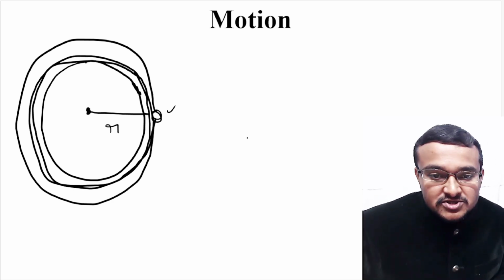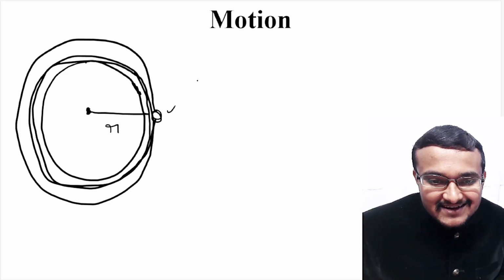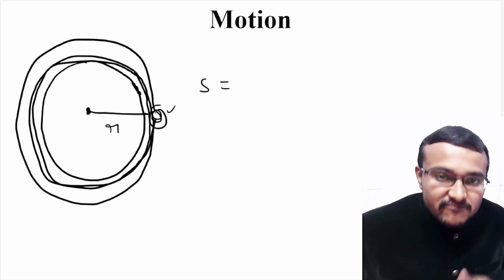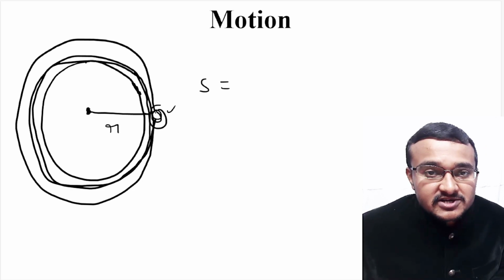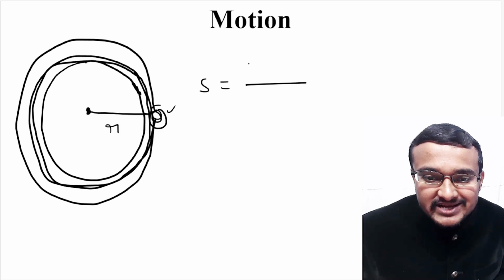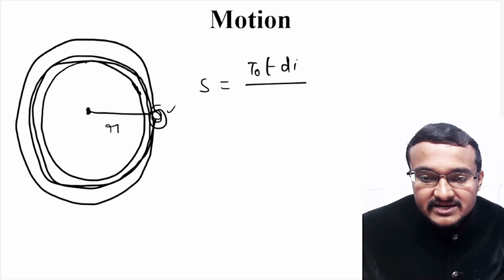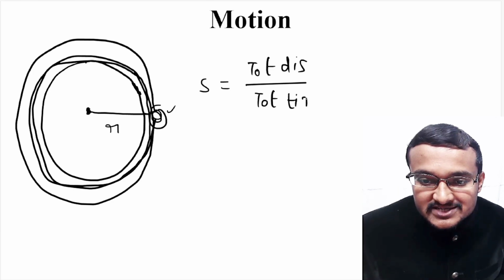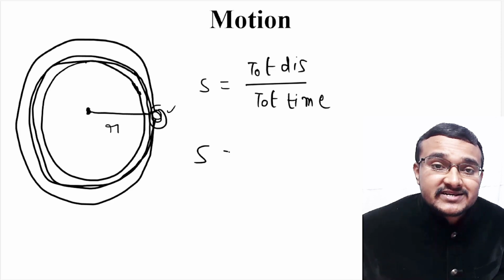Now if we want to calculate the speed of this uniform circular motion of the object, we have to take the total distance divided by the total time taken to cover that distance. So total distance divided by total time. What is the total distance?